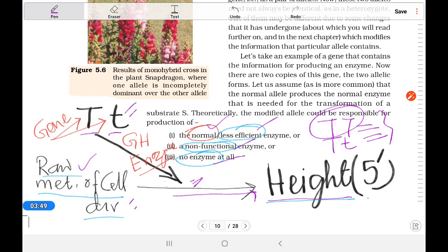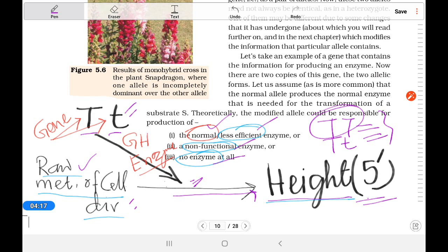Suppose we are doing our work with two hands, but suddenly one hand is injured. Then we can do our work with the other hand also. Maybe we can do the same type of work with one hand. Here also one gene is capable of making the height increase. That is the concept of dominance.